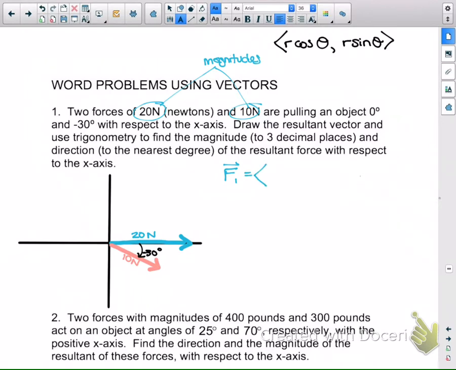we are going to do its magnitude, which for our first force, what's the magnitude? 20 times the cosine of its angle. Well, that one was at what angle to the x-axis? 0. Then 20 times the sine of 0.